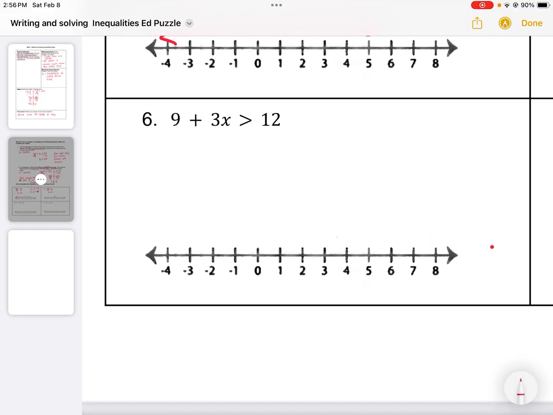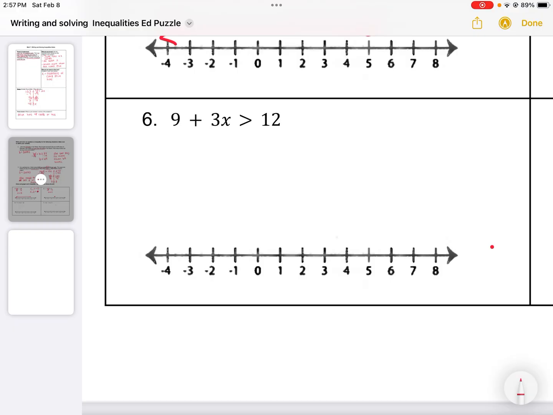Number 6. The first step I need to do is see if there's any like terms that I can combine. No, there are no like terms that I can combine. The second step, I need to look to see if there is any addition or subtraction. I do see a number 9 being added to the 3x on the left side of my inequality symbol.